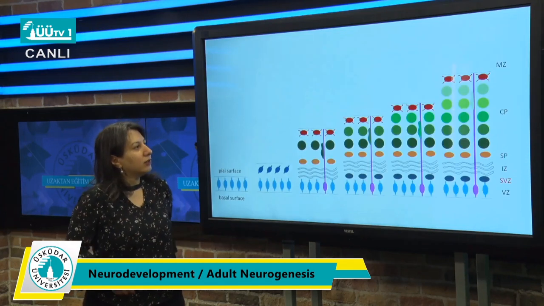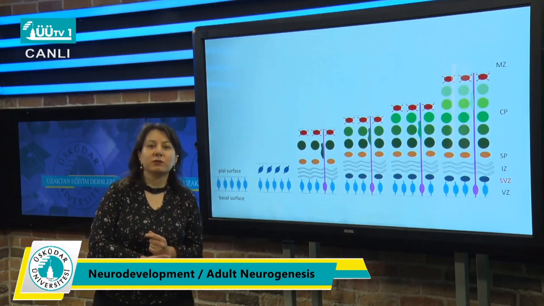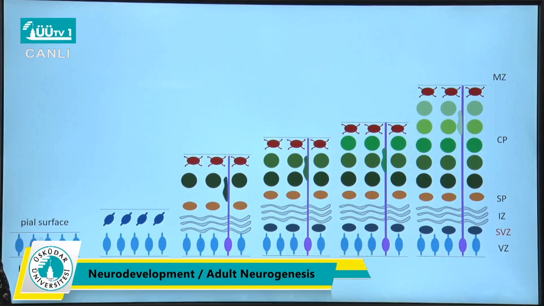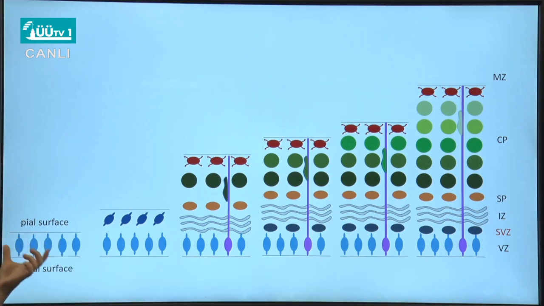So in our previous lecture where we talked about the migration, we gave the example of cerebral cortex development in telencephalon, and we saw that everything starts with the ventricular zone at the prosencephalon stage, where we have the radial glia-like cells that act as both the neural progenitor cells and also the ladders that differentiating neurons use to migrate.